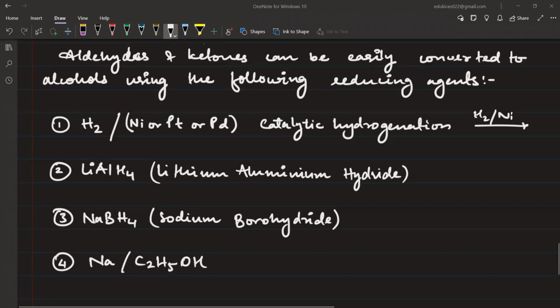Sodium in the presence of ethanol. Then all of you, yes or no, please tell me. All of you wrote the 4 reagents. No? Write quickly, tell me then, okay?